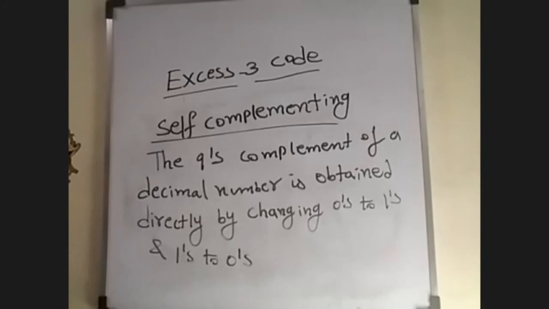Let's take one example. Why do we use self-complementing code? In some older computers XS3 code has been used, because the XS3 code has the self-complementing property.